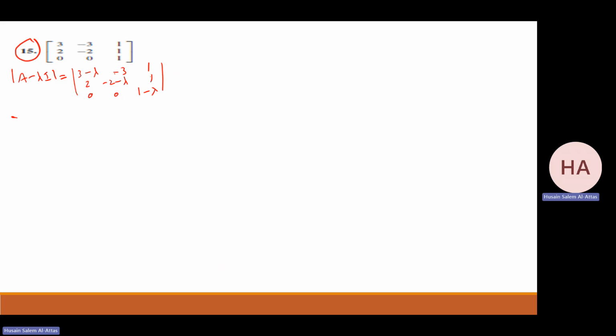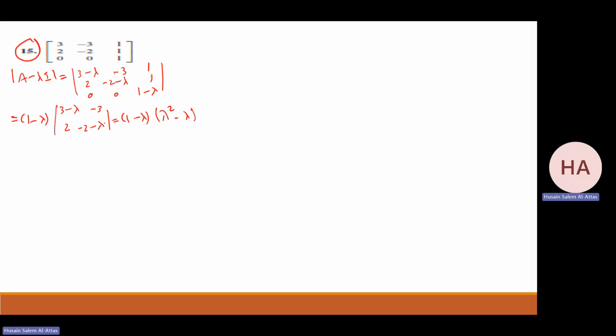We'll do the expansion with the last row. They have what? 3 minus lambda, minus 3, 2, minus 2 minus lambda. That gives me 1 minus lambda times lambda squared. 2 lambda minus 3 lambda, that is minus lambda. Minus 6 plus 6, that will be 0.